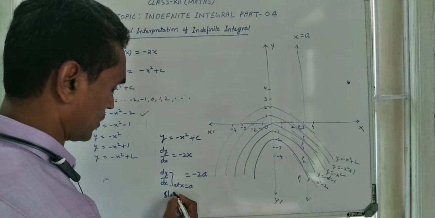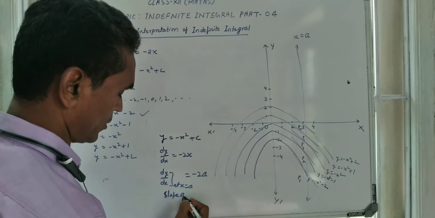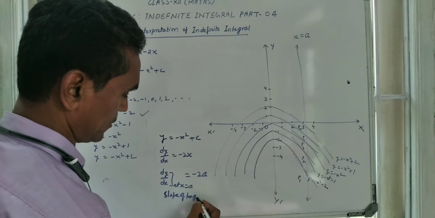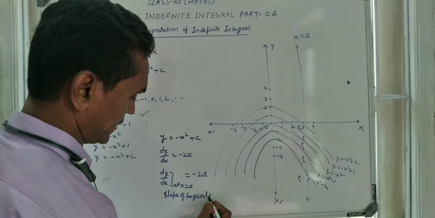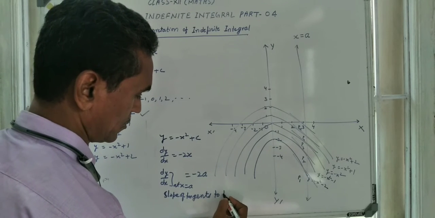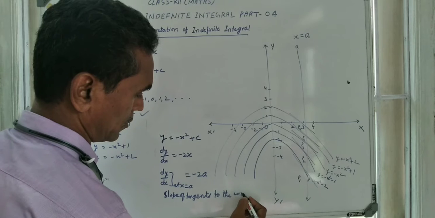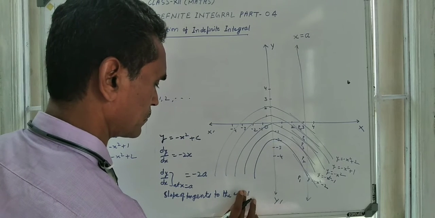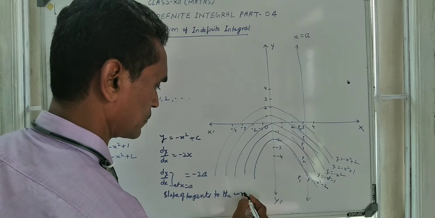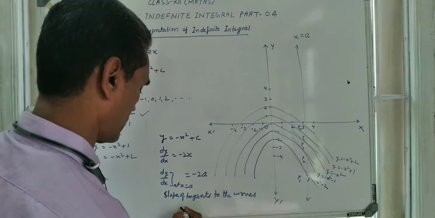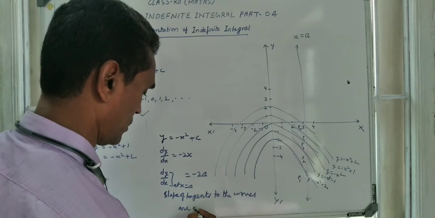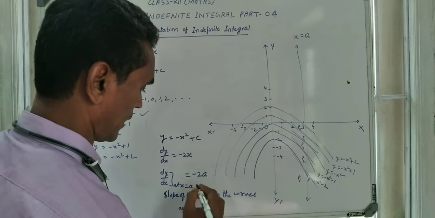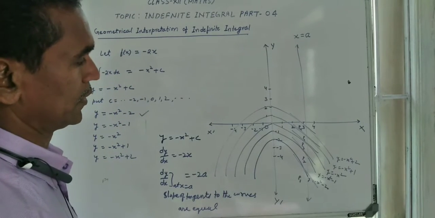So we can write the slope of tangents to the curves are equal, and that is equal to minus 2a.